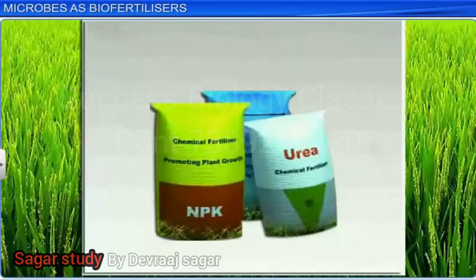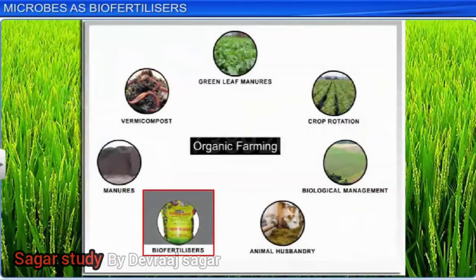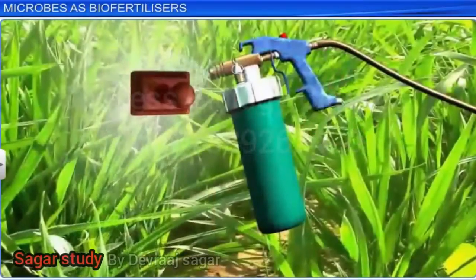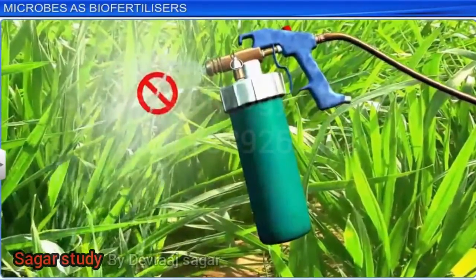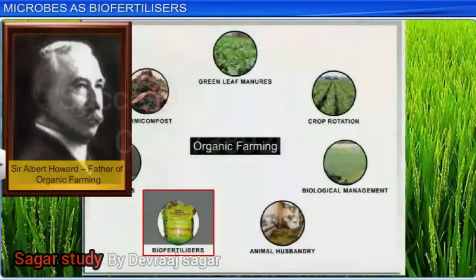This paved the need for organic farming, wherein biofertilizers are used instead of synthetic chemical fertilizers. Did you know that it was Sir Howard's writings that formed the basis of organic farming? Which is why he is also regarded as the father of organic farming.